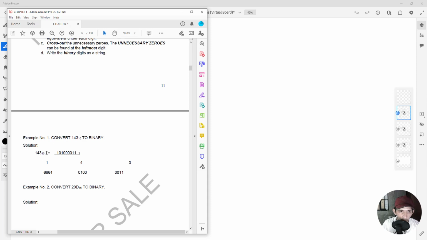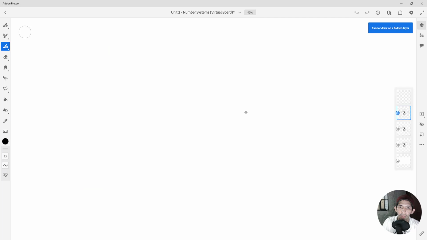Let's convert 143. We could mistake 143 for a decimal if we don't put the 16 as base. So now we know that 143 is hexadecimal, and we convert it into binary.